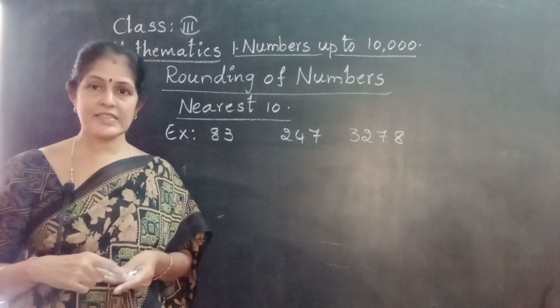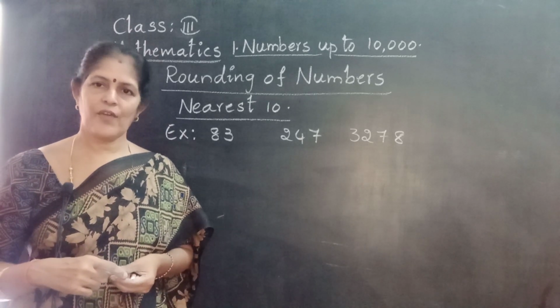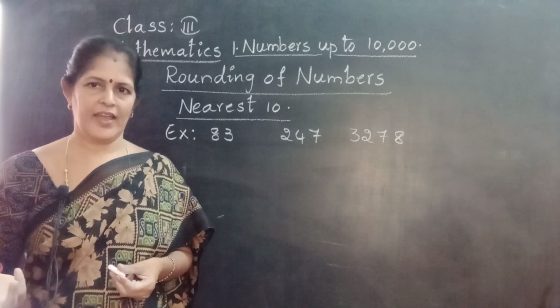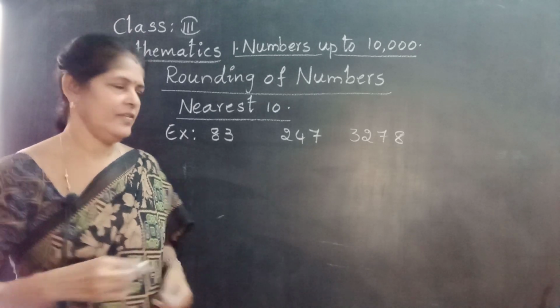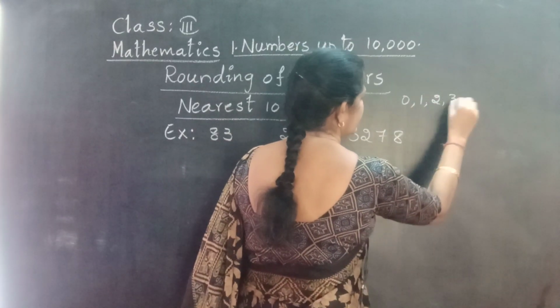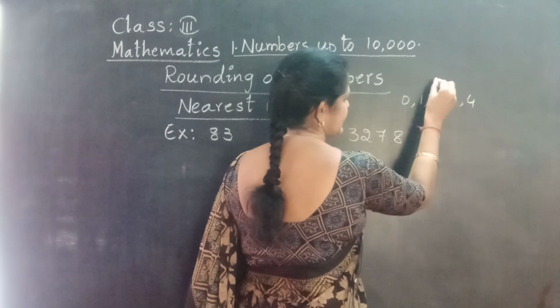What are those rules? Take one-digit numbers: less than 5, 5, or greater than 5. What are the numbers less than 5? Yes, 0, 1, 2, 3, 4 are less than 5.